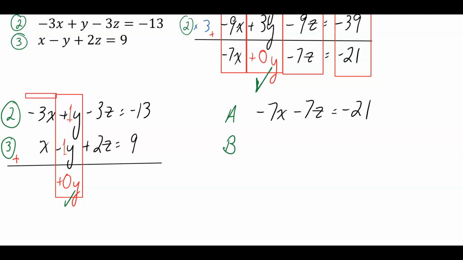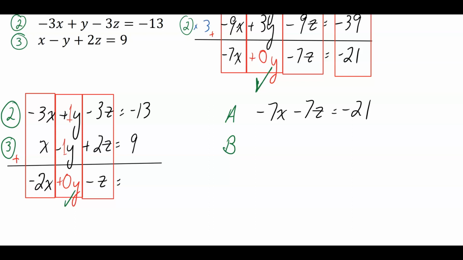Let's go across there. I like these red boxes. Negative 3x plus 1x is negative 2x. We'll do the z term. Negative 3z plus 2z, negative z.